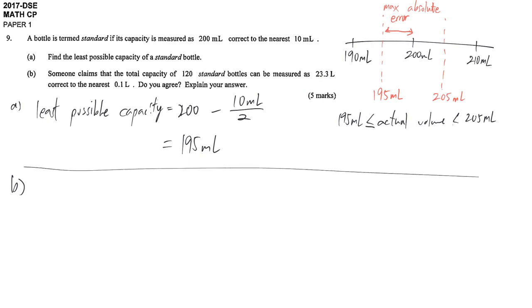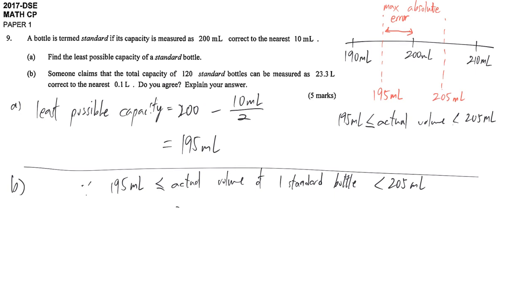So just now we already know that the actual value of one standard bottle is within 205 ml and 195 ml. I use both limits because I don't know which one they are talking about, so I just write down both. And what we are interested in is not just 1 but 120.